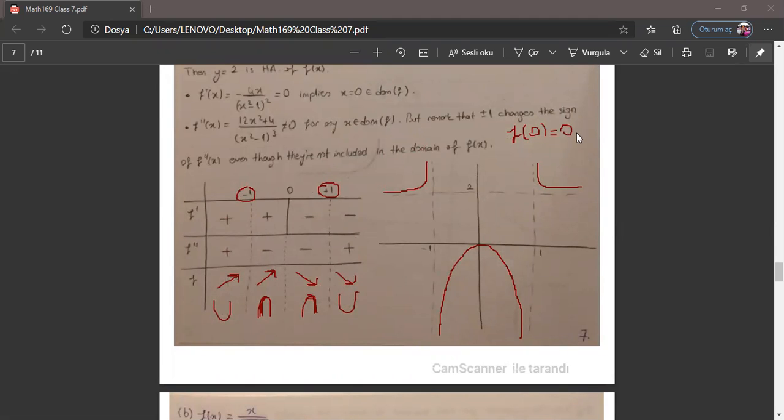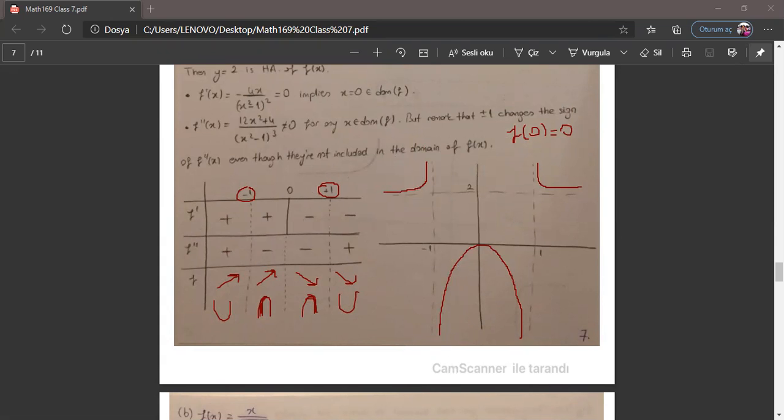And f(0) is equal to 0, so we have 0 here. And we did the horizontal asymptotes before. So these asymptotes actually help us to find the graph, okay?